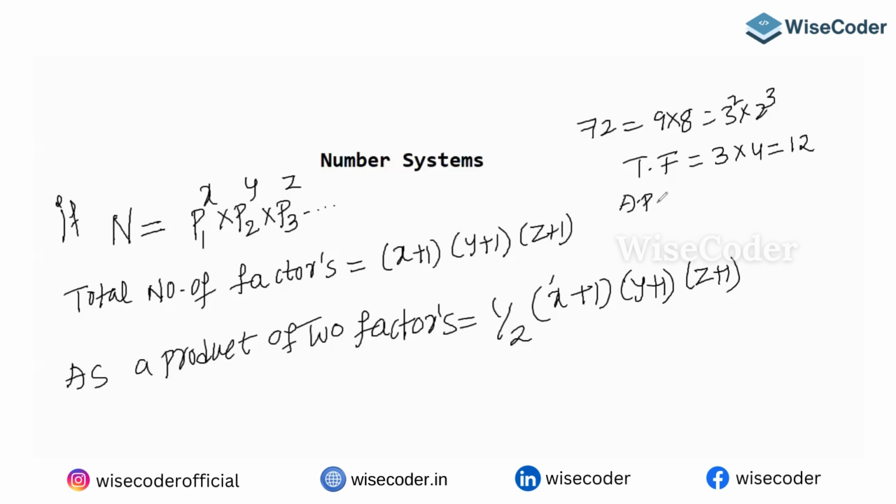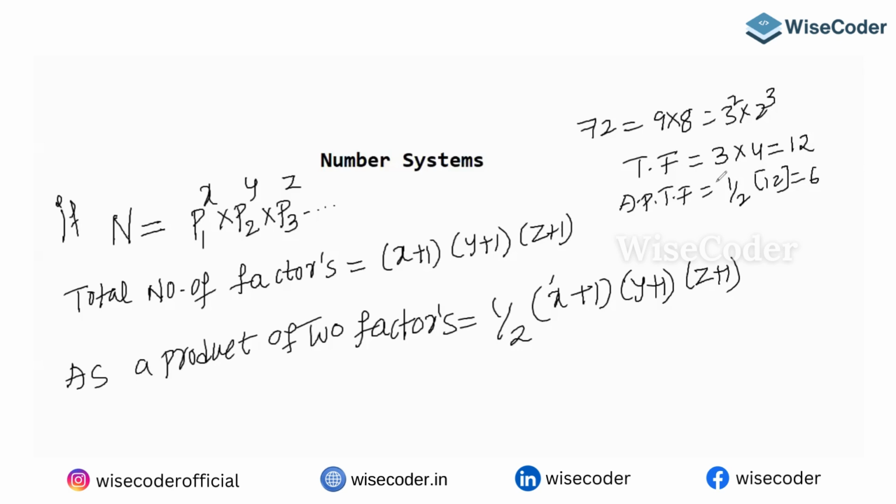As a product of two factors, it's going to be half of 12, which is 6. And that's how you can get your answers easily, guys, for the number of ways as a product of two factors and the total number of factors.